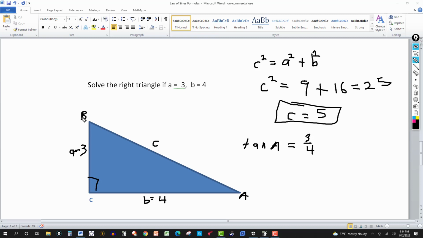I could go the other way and say the tangent of B is equal to 4 over 3 and find B first. Okay. So here I have tangent of A is equal to 3/4. What is A? So taking the inverse tangent of both sides, A should equal tangent inverse of 3/4.